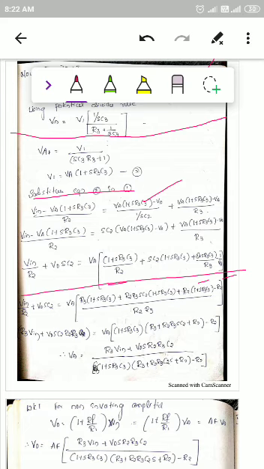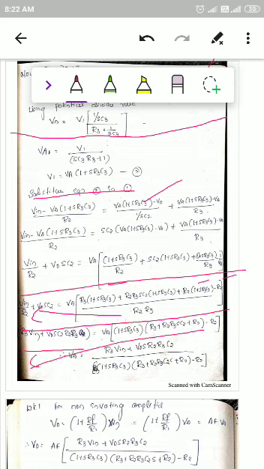Do it, and you will arrive at this particular equation. Now this R2 and R3, you multiply to the left hand side, and here R2 gets cancelled, so R3 into Vin. Here V0 SC2 R2 R3, so VA, and this term will be as it is. Now for VA, you take this term to the numerator side, so VA is equal to this.